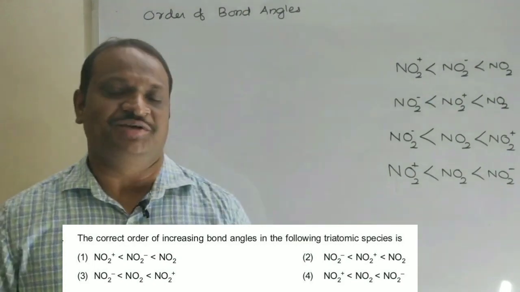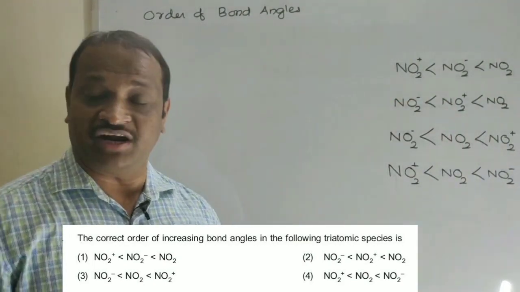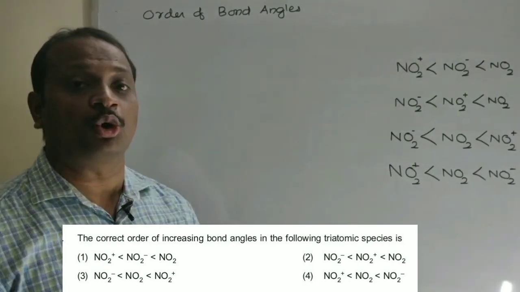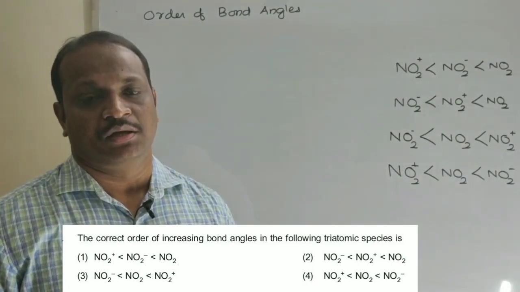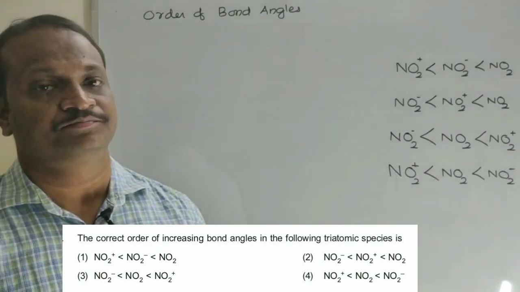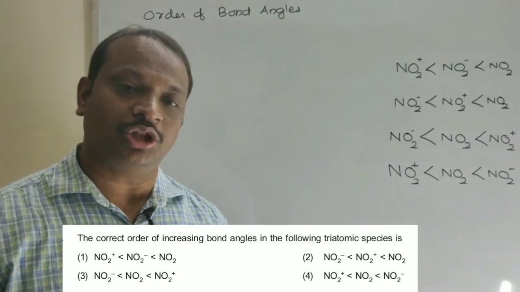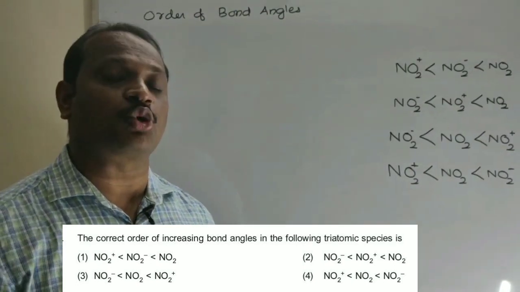See, in this question, they have given 4 options and they're asking what is the correct order of bond angle. See, bond angle is decided by hybridization, geometry, number of lone pairs, all these things, and what about the electronegativity.